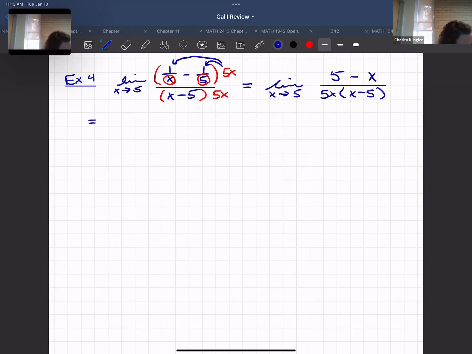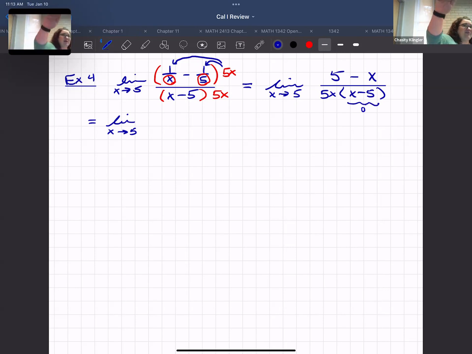Okay, so before I just try straight substitution, which if I did that, I'm still going to have a problem at 5 because it would make this 0, right? Okay, so let's try to simplify it a little more.